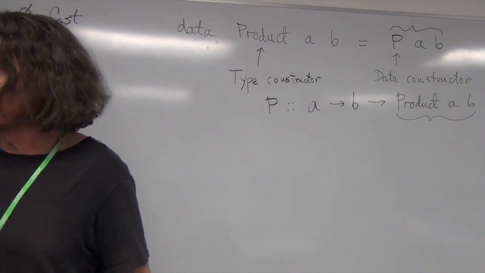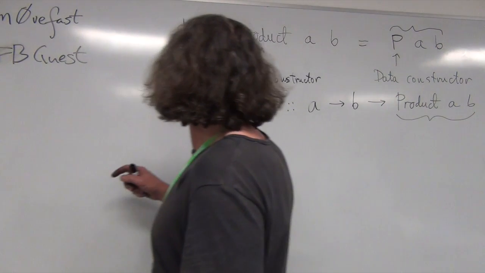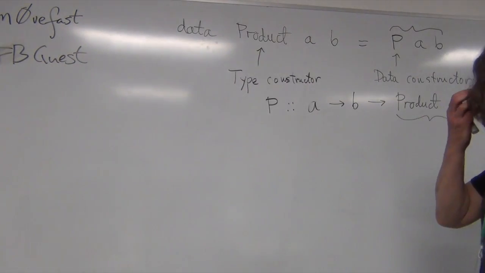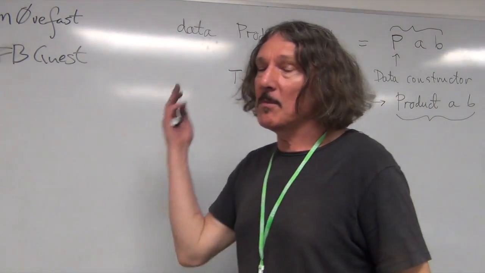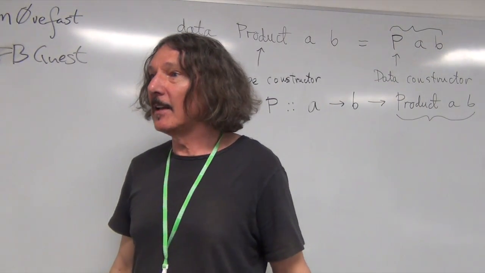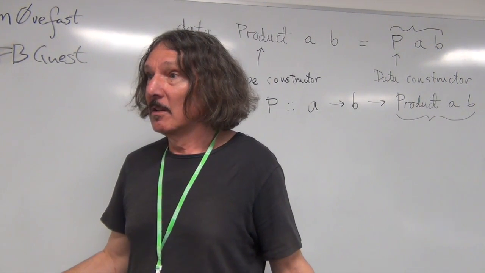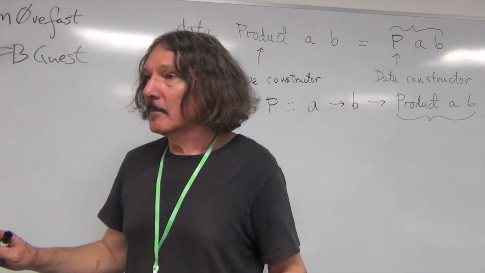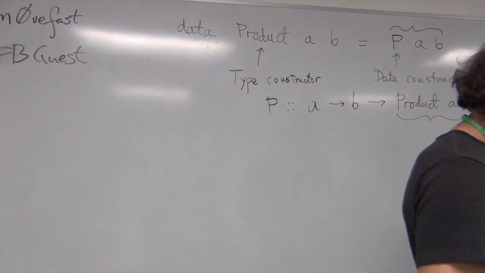Well, Q of A B will construct a different type. There can be many others, but they form different types. Their type is distinguished. So each type has at most one constructor? No, but we'll get to it. Let's not jump.